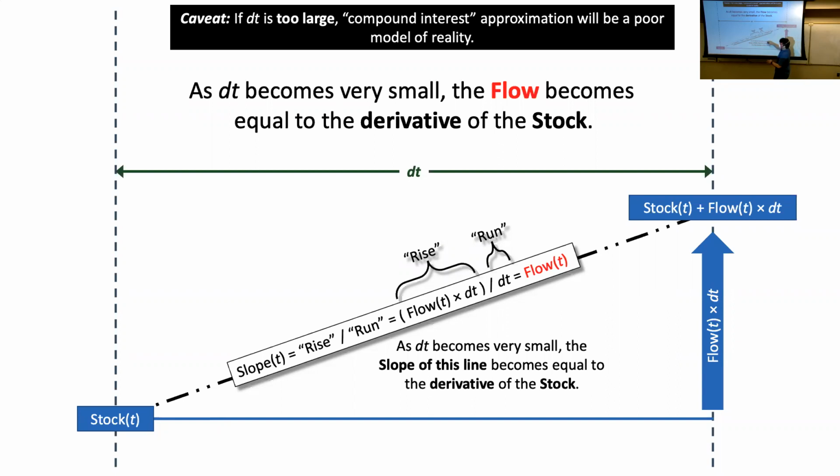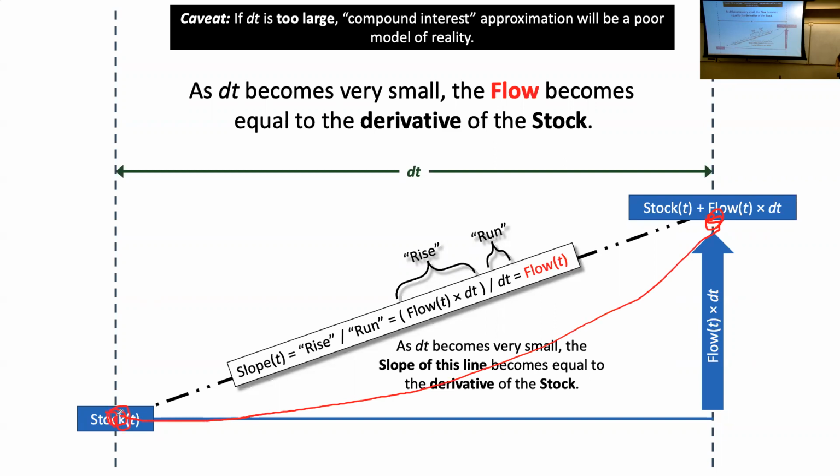And so you can imagine that in reality, if we want to call it that, in between these two times, the real stock might actually be curving up this way. And so it happens to intersect here and intersect here.